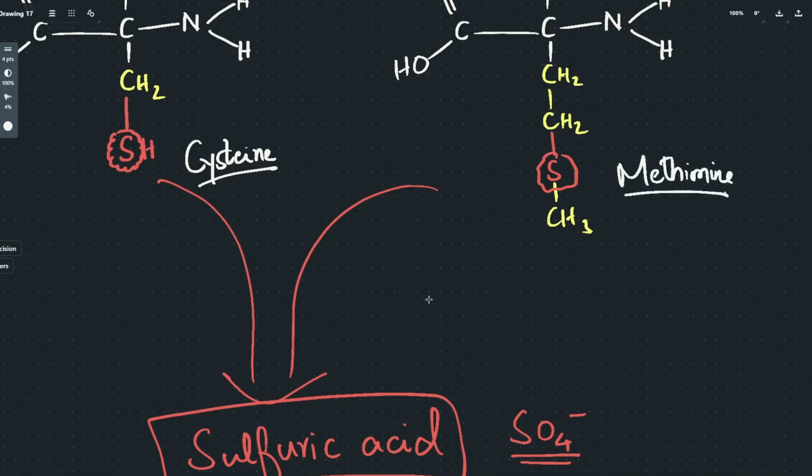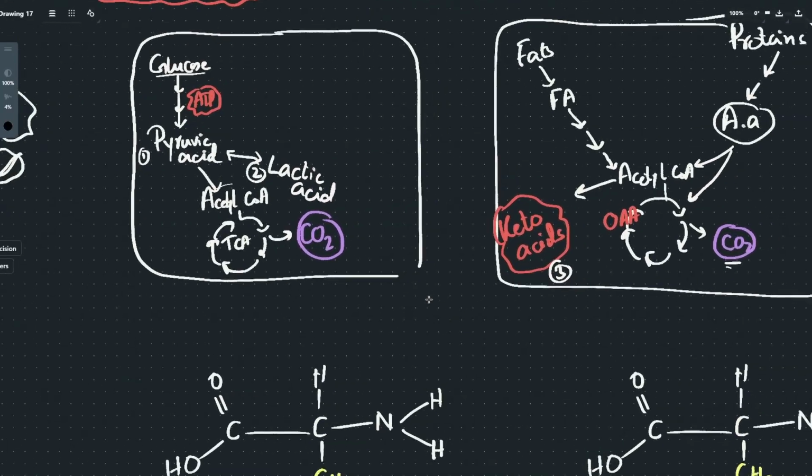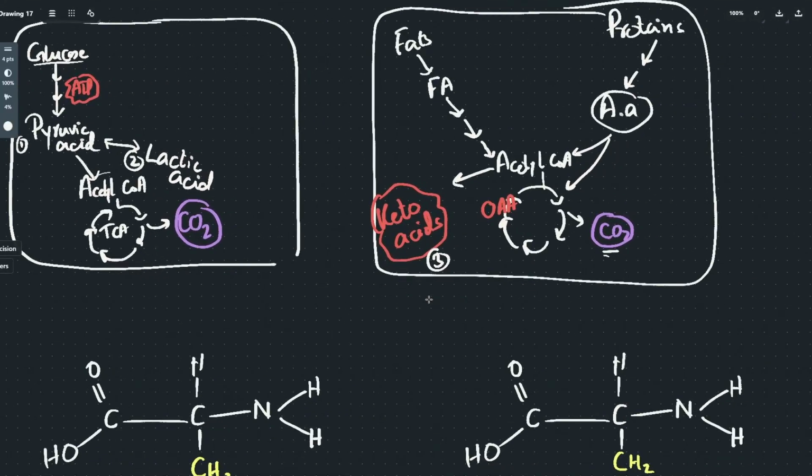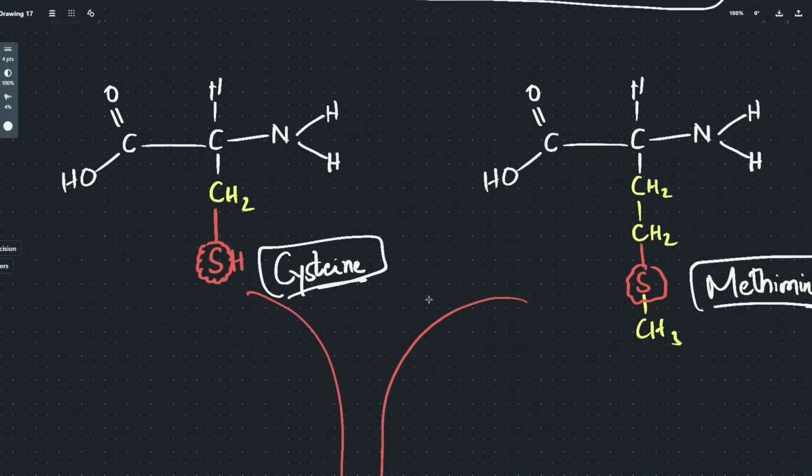So both of these amino acids, through a multi-step pathway, produce as a net result sulfuric acid. So we have seen how many acids up till now: pyruvic acid, lactic acid, beta-hydroxybutyric acid, which is a keto acid. Then we have talked about sulfuric acid, right?